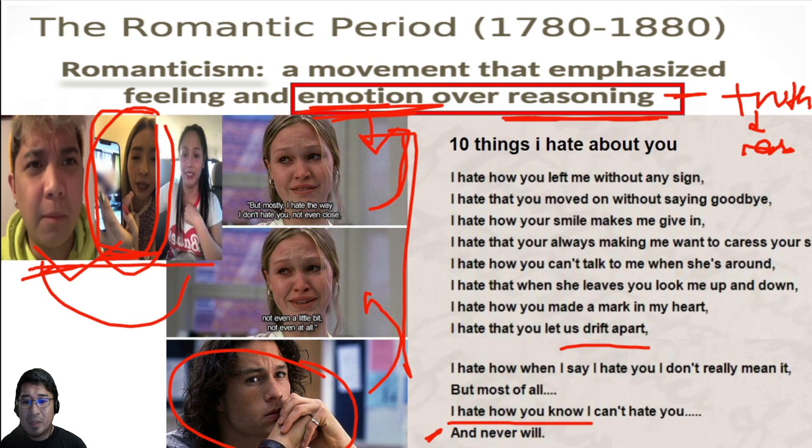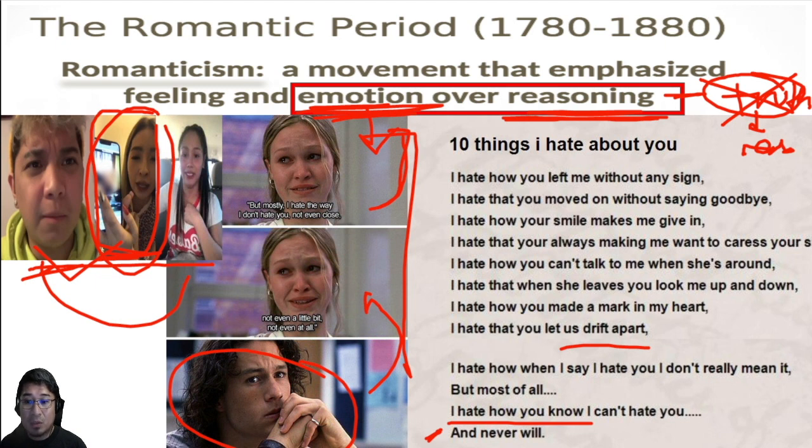So isipin nyo, if you're going to use your reason, hindi mo na i-consider kung tama pa ba ang ginagawa mo or in line with reality. Ang mahalaga sa'yo, yung emotions mo. So this is an example of romanticism.